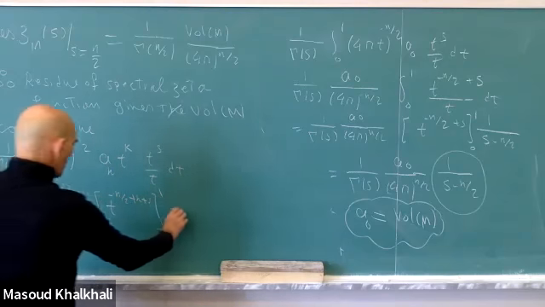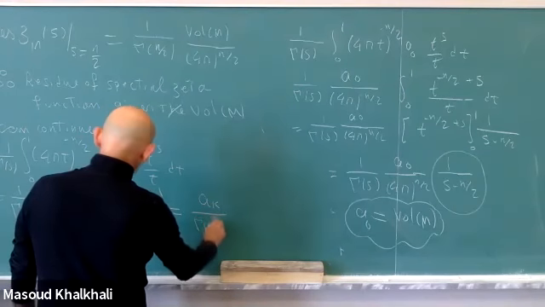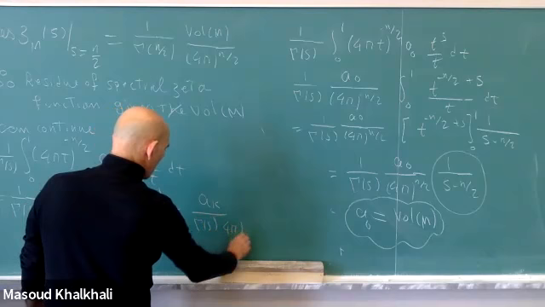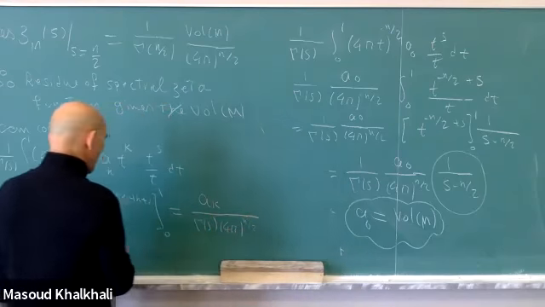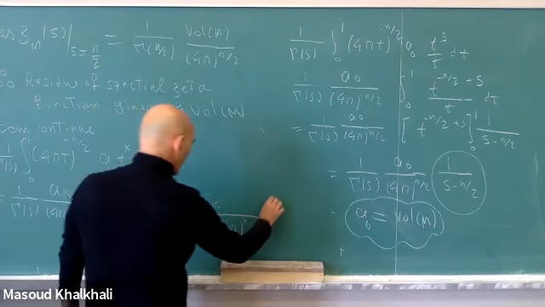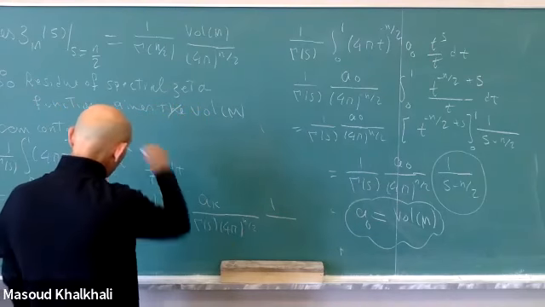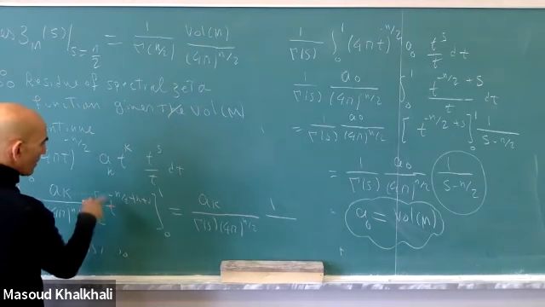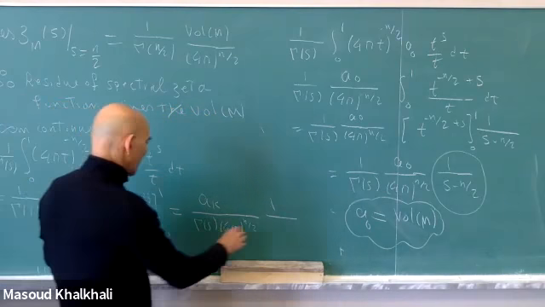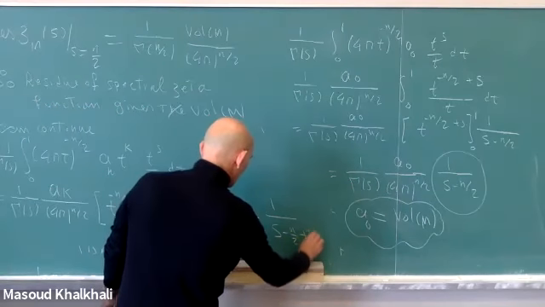And this is equal to ak over gamma s, 4 pi to the power n over 2, and then I've got, like before, this term now 1 over s minus n over 2 plus k.